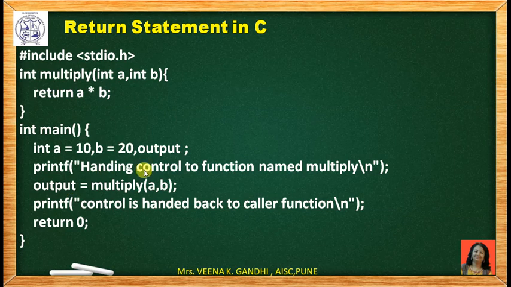This value will be collected in the variable output, and then we print that output. Then control is handed back to the caller function. Means when main function calls the multiply function, it transfers control to the multiply function. When the return statement occurs in multiply function, it again transfers control to the calling function.